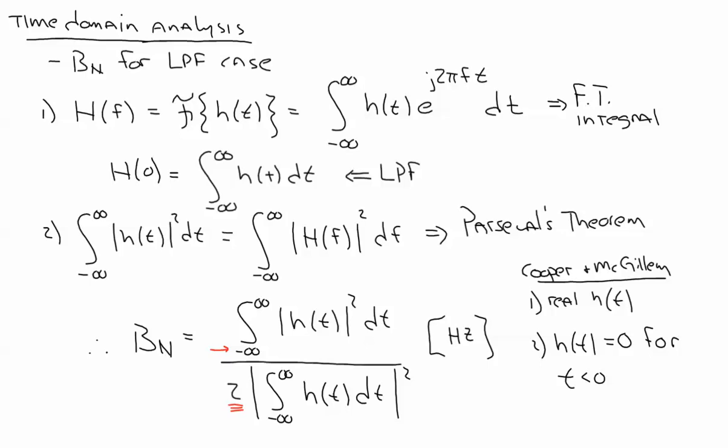So, let's do an example. First of all, we're going to look at noise equivalent bandwidth for a simple low-pass filter.